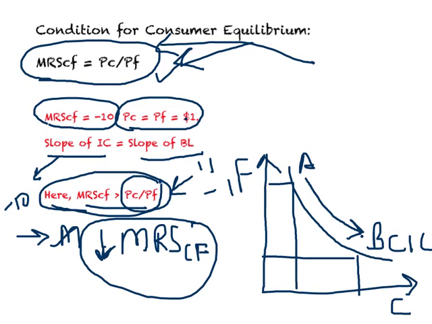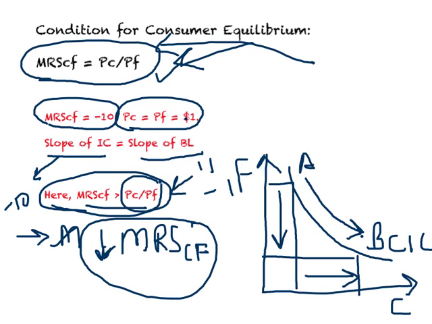When we go down this community indifference curve, what this means is we must reduce consumption of food and increase consumption of clothing, and we should go on doing it till we hit an equality between MRSCF and the price ratio. So this is how this society will attain equilibrium or the best point in terms of consumption choices.